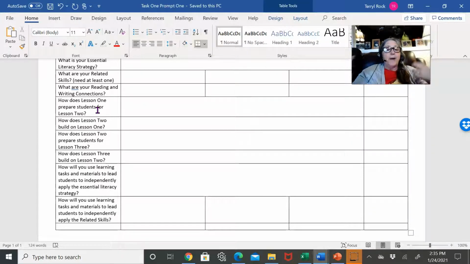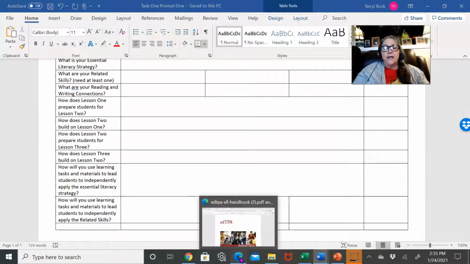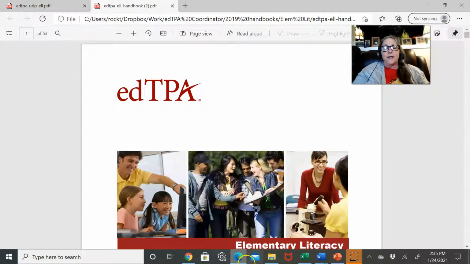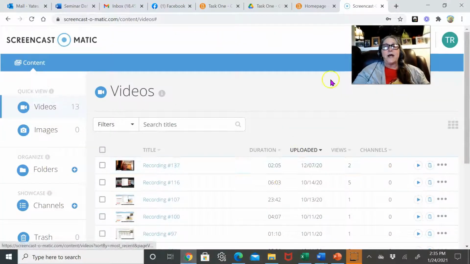So you're just going back and forth, back and forth. And then think about these things: how will you use the learning tasks and materials to lead students to independently apply the essential literacy strategy? It's those questions that often get missed by students. We'll show you a really good example.